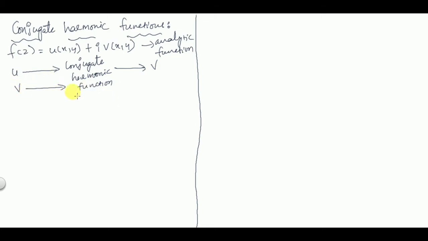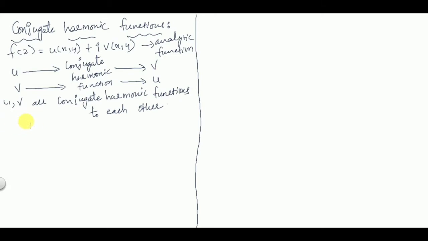If you are given v and asked to find the conjugate harmonic function, then you have to find u, that is, u and v are conjugate harmonic functions to each other. Okay, they are said to be conjugate harmonic functions to each other.